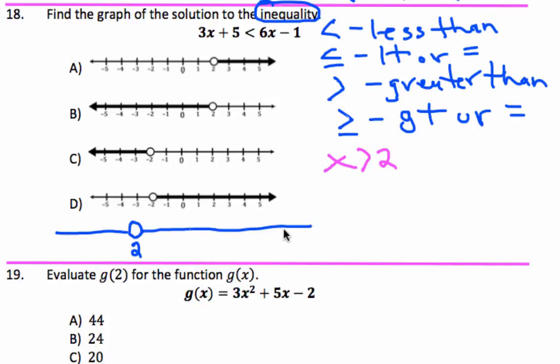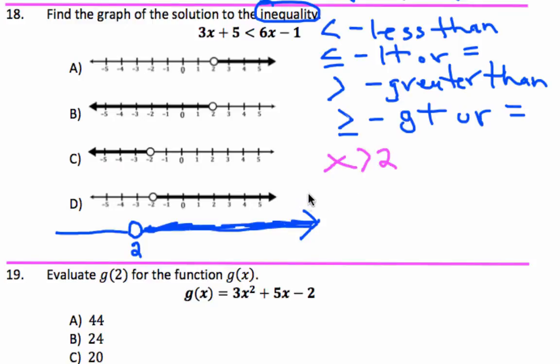Now since x is greater than 2, we're going to shade everything to the right of 2. And we'll indicate that the solution goes on indefinitely. The only question is, is the 2 itself included? We know it's not included because x is greater than 2, not greater than or equal to 2.